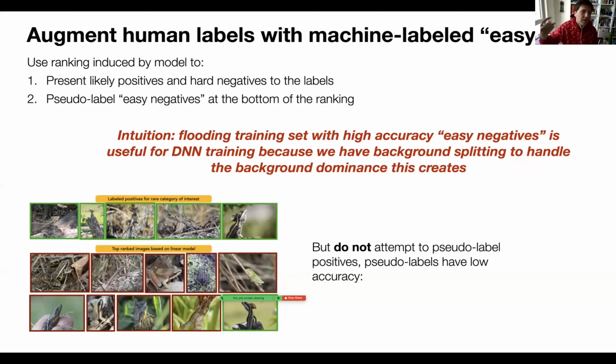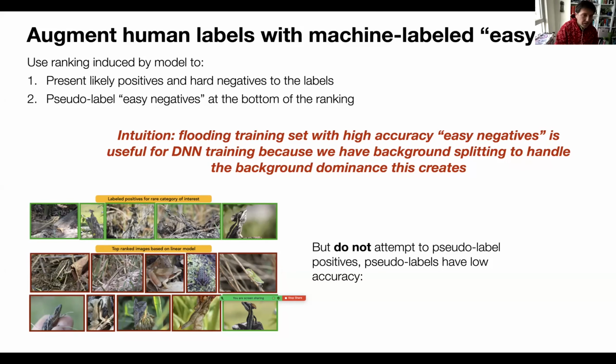That's how we flood the system with tens of thousands of easy negatives. So we get a few hard negatives that the human looks at, and tons of easy negatives, and that gives us a scenario where this background splitting technique can take over, because we have a system that is pretty good at training in situations of massive imbalance.